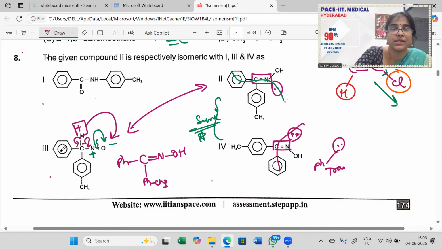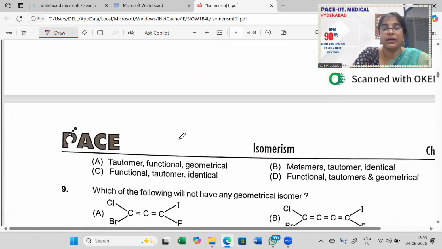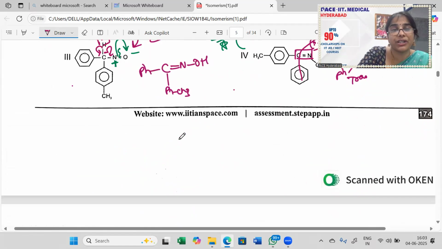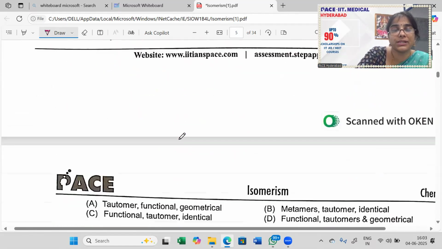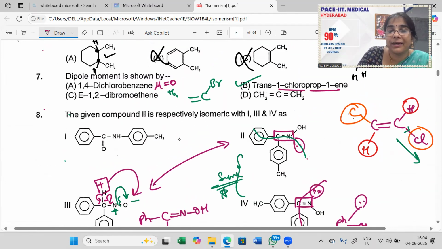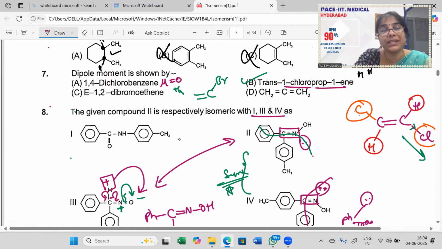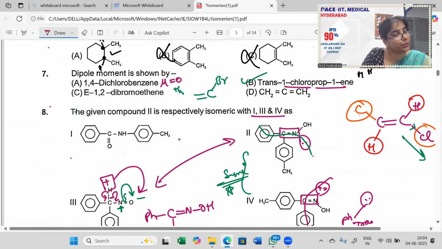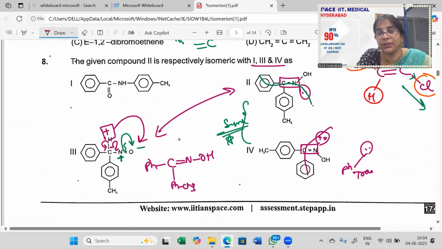I think we have some options given to us also here. Yeah, so option A is what has been asked. So functional groups, tautomers, and this. So yeah, my 1, 3, and 4 will be what they said. So what is my 1 here? 1 here is carbon double bond O with NH, and this definitely will be my functional group change.